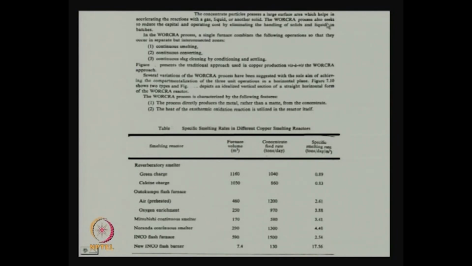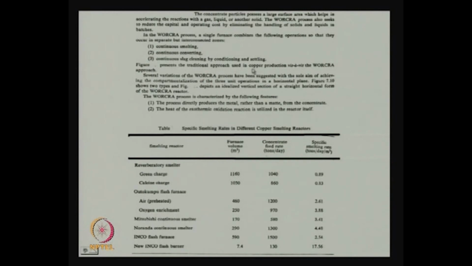The Worcra process also seeks to reduce the capital and operating cost by eliminating handling of solids and liquids in batches. A single furnace combines the following operations. They occur in separate but interconnected zones in the same reactor: continuous smelting, continuous converting, continuous slag cleaning by conditioning and settling.